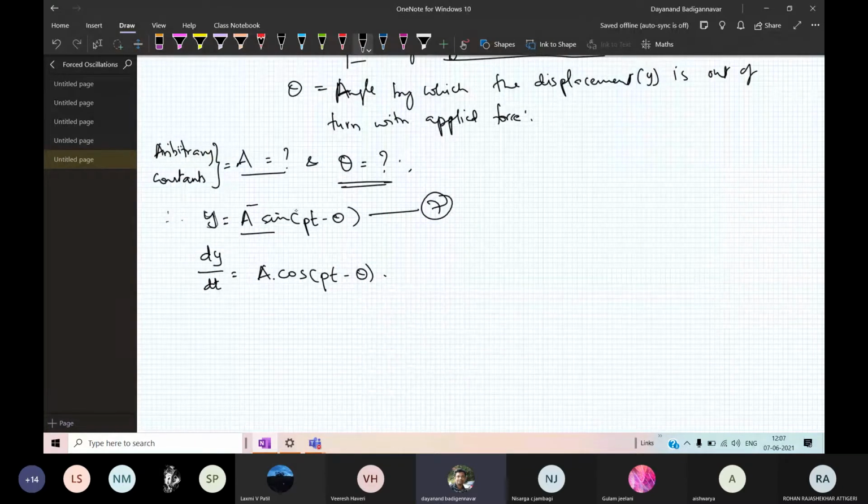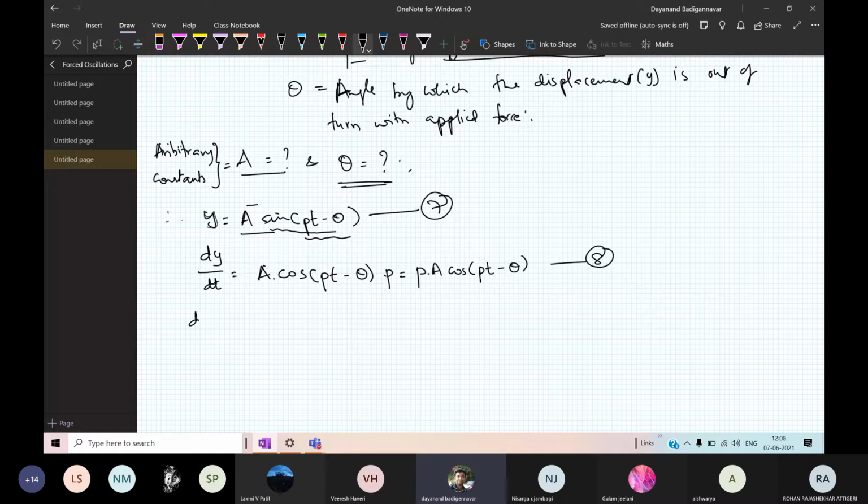Therefore, you have to differentiate only sine pt minus theta, which gives cos pt minus theta. If I differentiate the argument inside sine, it gives you p. Therefore, it is p into a cos of pt minus theta. So this is equation number 8.